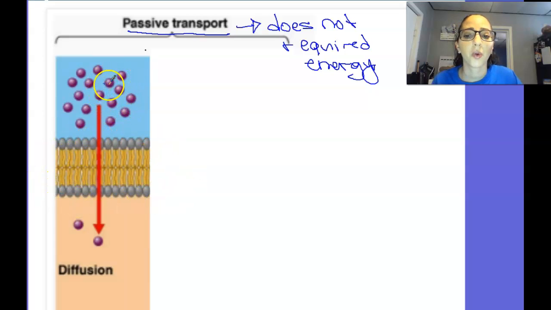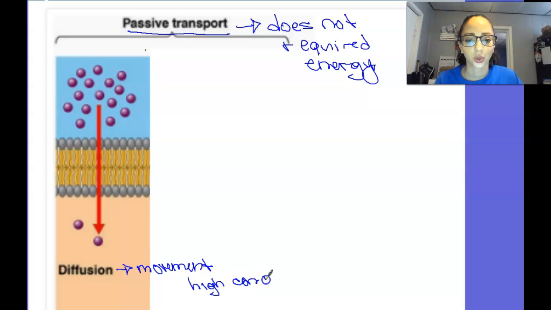So that means these particles are small enough that they can go through the cell membrane. Okay? And we call this process diffusion. And diffusion, if you remember, is the movement of particles from high concentration to low concentration. So it's going with the flow, from high to low.